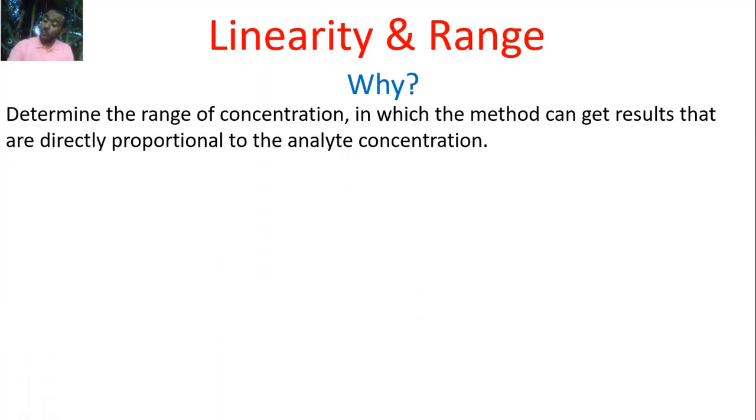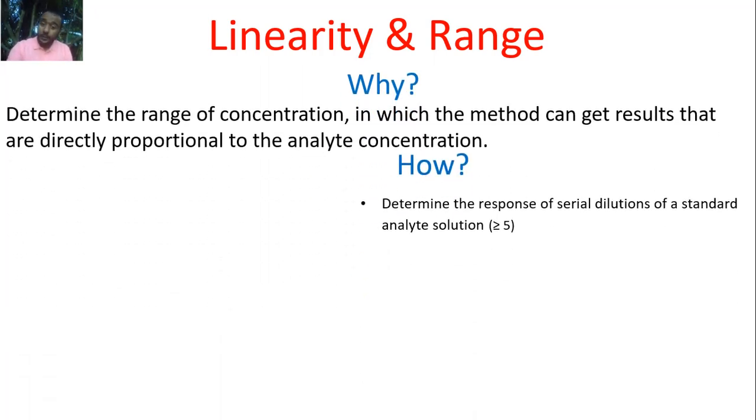We need to know the range of drug concentrations at which the method can give you linear results. How to do that? You prepare sterile dilutions of your standard solution in triplicates.